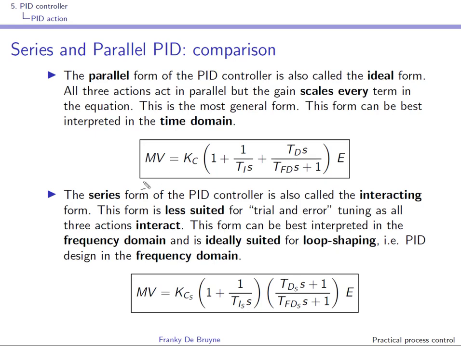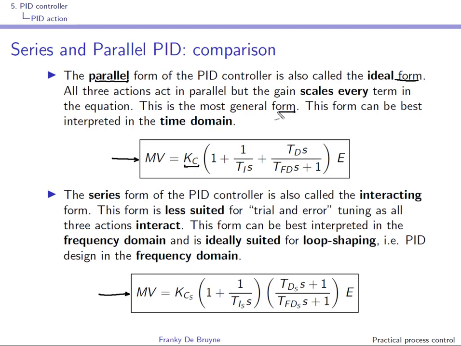Well, the parallel form of the PID controller has the following implementation in the Laplace domain, and the series form has this implementation in the Laplace domain. The parallel form is also called the ideal form, and this is because the three actions act in parallel, and then you have a scaling with the controller gain.